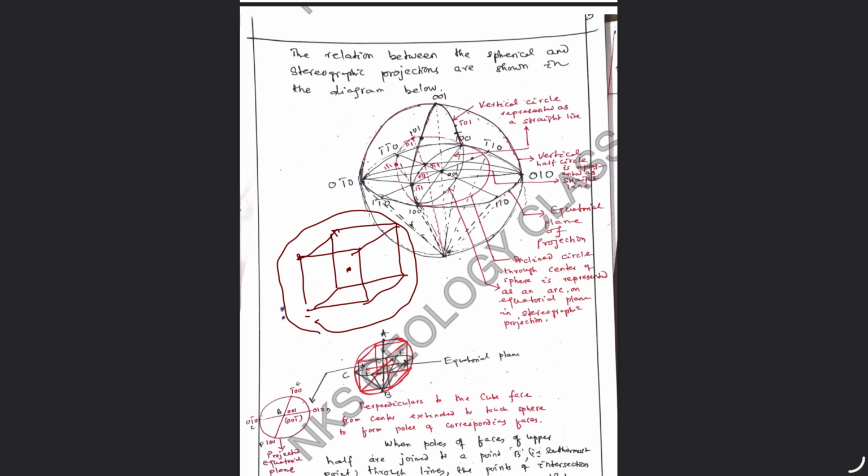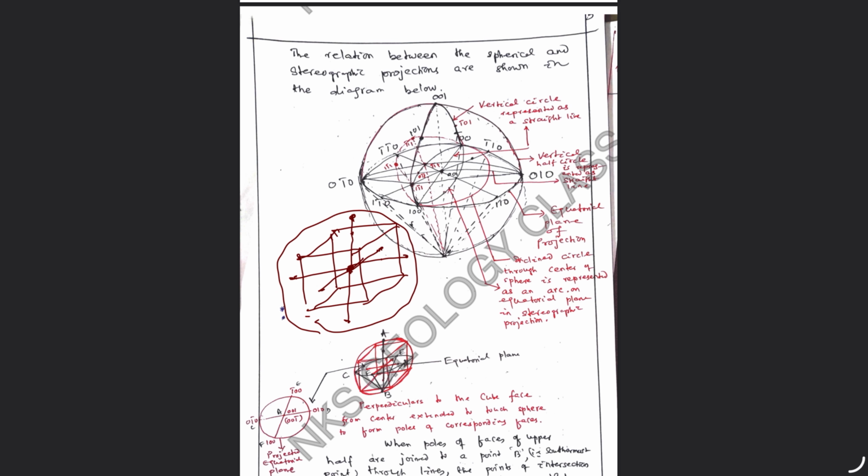So first we have to go for spherical projection. Spherical projection is the projection where perpendiculars are drawn from the center to the faces of the crystal and extended to touch the sphere. These are the perpendiculars to the faces. So these are the points where these perpendiculars touch the sphere.